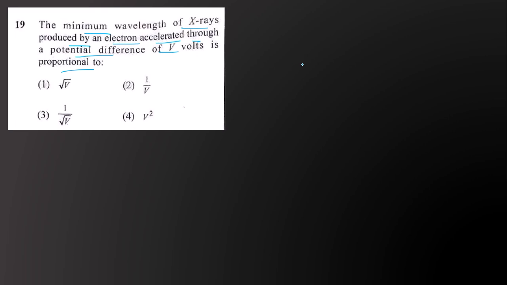The electron accelerates, and then the energy is utilized in order to produce the X-rays. So in this case, this electrical energy is converted to the energy of the photon or the X-ray. Therefore, when we talk about the cutoff wavelength, it is inversely proportional to V.